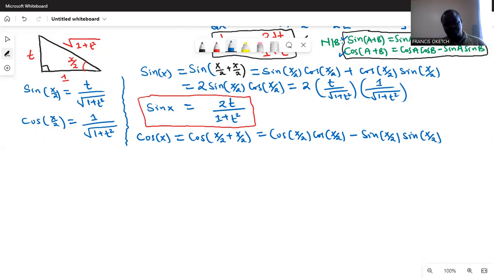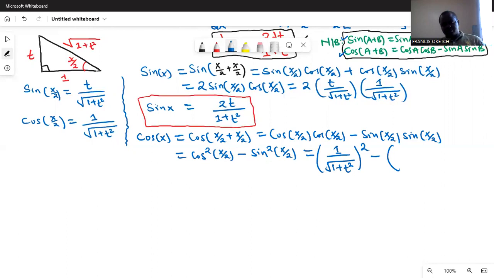And so you can say this is the same as cosine squared of x over 2 minus sine squared of x over 2. And if I substitute the expressions in terms of t, for the cosine we got 1 over the square root of 1 plus t squared, and all of this should be squared. Then minus, for the sine, we got t over the root of 1 plus t squared, again all of this should be squared.